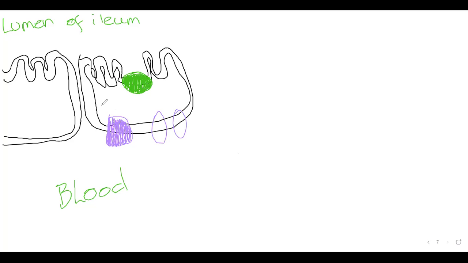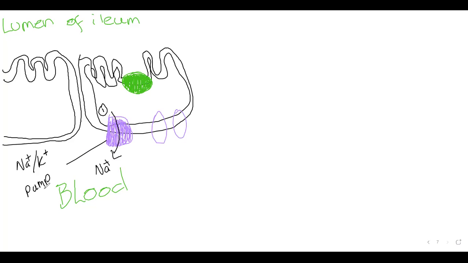So number one, sodium ions are actively transported out of the ileum into the blood. So let's show that. We've got sodium ions being actively transported out into the blood by the sodium-potassium pump. And this is what I was saying earlier. Some pumps can just be for one type of ion. Some pumps can use multiple ones.